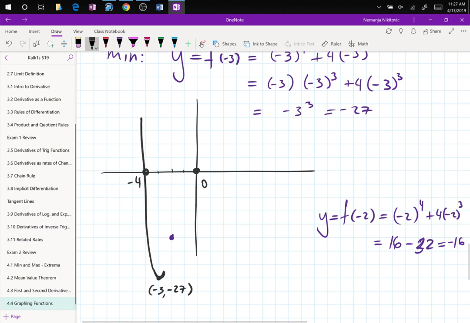You go here, you change the concavity into that one, and then you change concavity again, because concavity changes twice. There we go. I already graphed this in Desmos, and that's what we have.